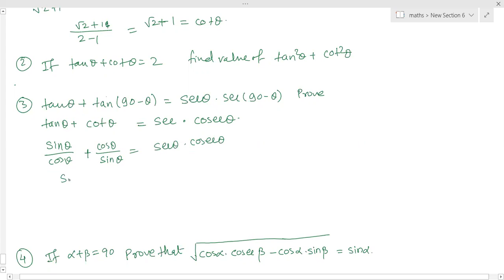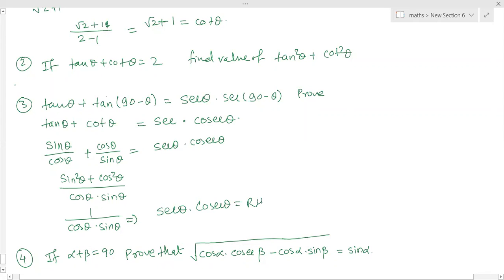Sine square plus cos square theta by cos into sine is equal to sec theta into 1 by cos theta into sine theta. We'll take the reciprocal of that. Dividing separately, 1 by cos is sec theta and 1 by sin is cosec theta, which is RHS.